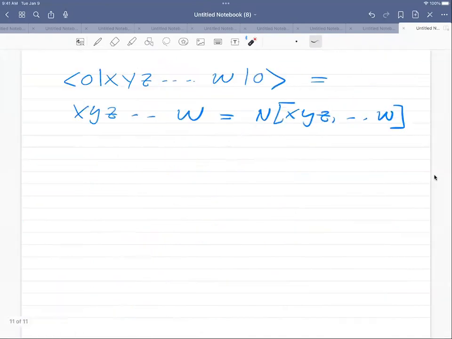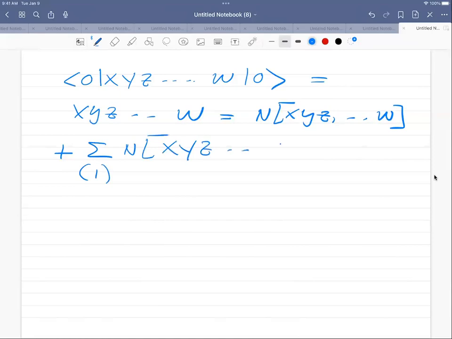But what we can do is simply to say that there is a sum here over, and this notation is a little bit strange, 1. So 1 means just one contraction. So only one pair of operators has been joined to calculate an expectation value. So it means that the rest of the operators are normal ordered. So I have X, Y, Z, W, and this is a set where we have only one of these pairs of operators being contracted.